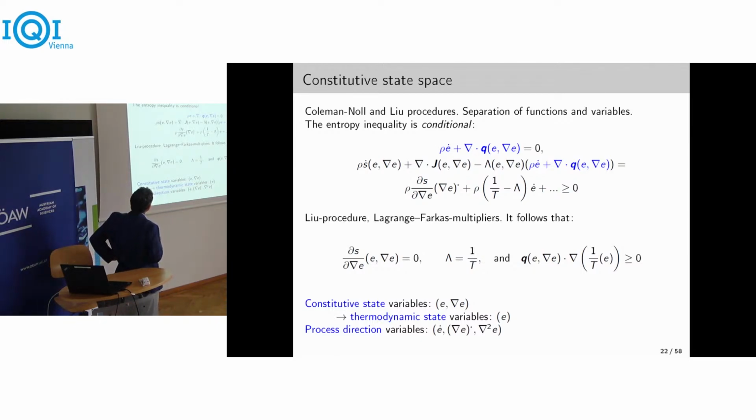And there are the more sophisticated procedures that start, from a mathematical point of view, by simply fixing the domain of the various fields, a constitutive domain. So for example, energy or temperature, or anyway, the entropy and the entropy flux and everything, depend on the energy and the gradient of energy.